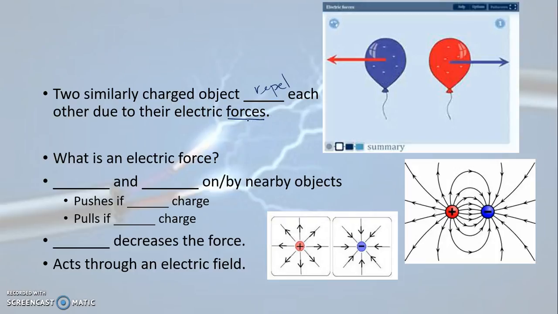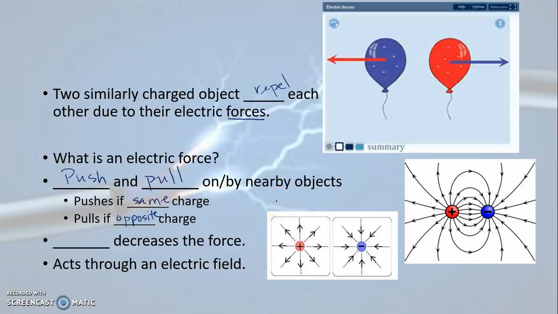I know you've probably felt it when you take magnets and you try to stick them next to each other and they're kind of pushing away from each other, but they're not touching. That's because their electric force is repelling. Okay, so what is an electric force? An electric force is a push or pull on nearby objects. It pushes if they are the same charge, and it pulls if they are opposite charges.